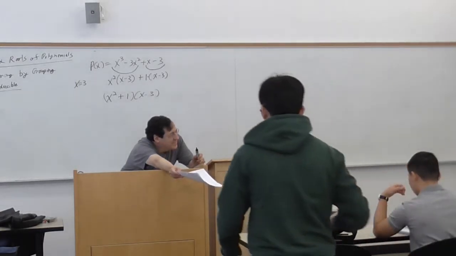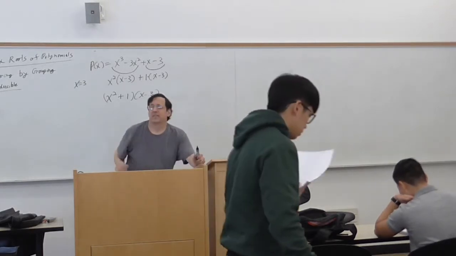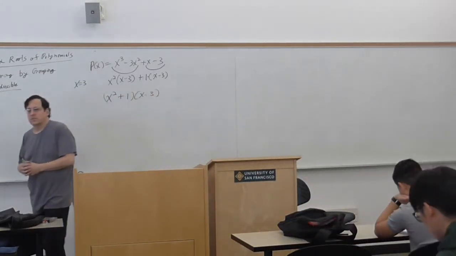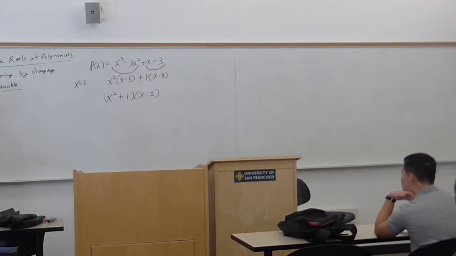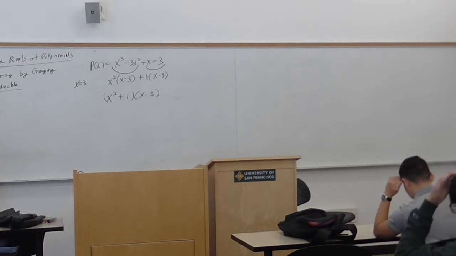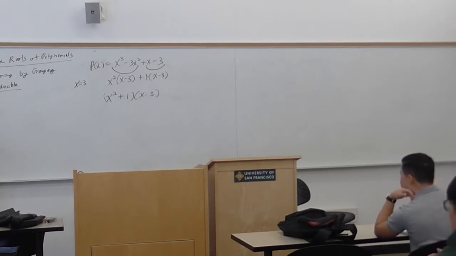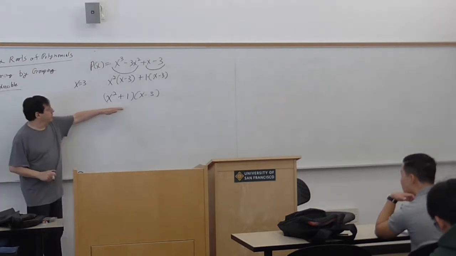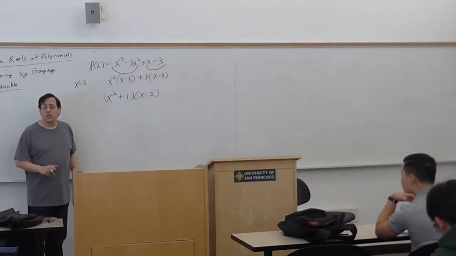Good. Yes, it's going to be complex. Maybe it'll be pure imaginary, maybe not. But it'll definitely have an imaginary component. So, does anyone remember how you factor x squared plus 1?